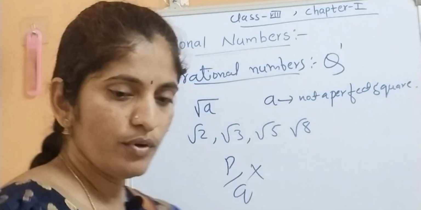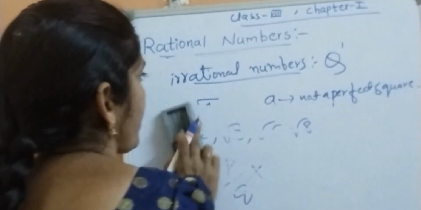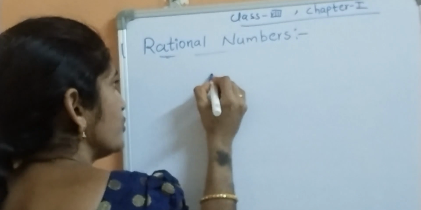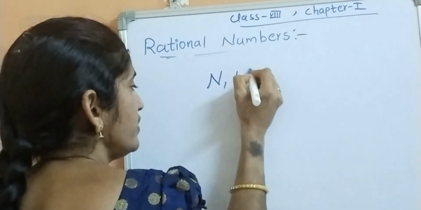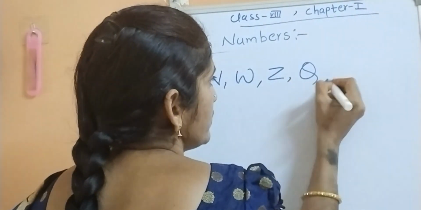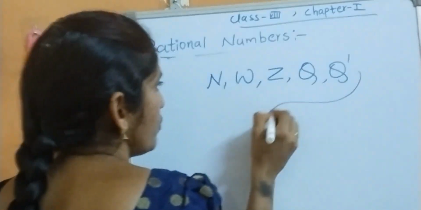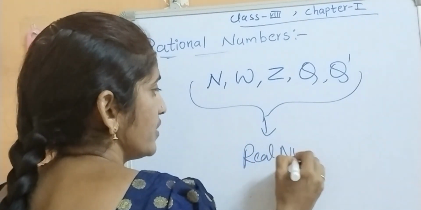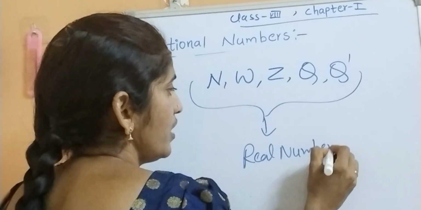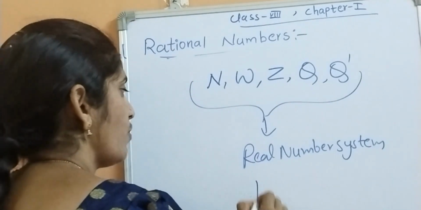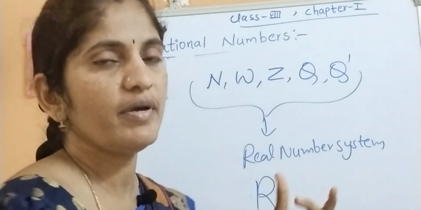All these numbers, that is natural numbers, whole numbers, integers, rational numbers, irrational numbers, are together called the real number system.